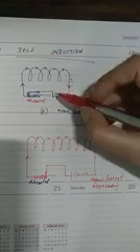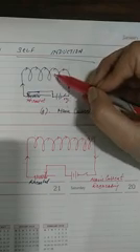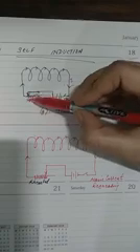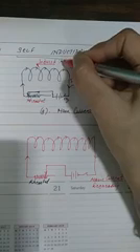So this main current is giving the magnetic flux, and the induced current is generated so that it will try to stop the main current. It will oppose the flow of main current. So if this is the direction of main current, induced current will be generated in this particular direction. So this is the direction of induced current.